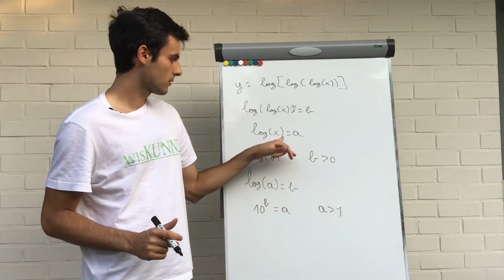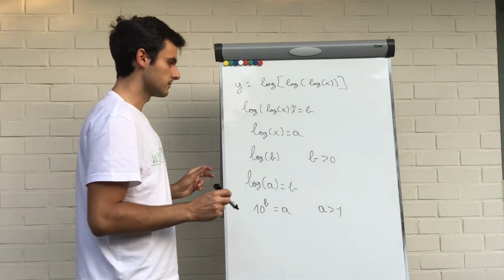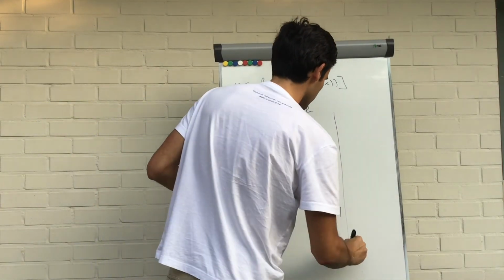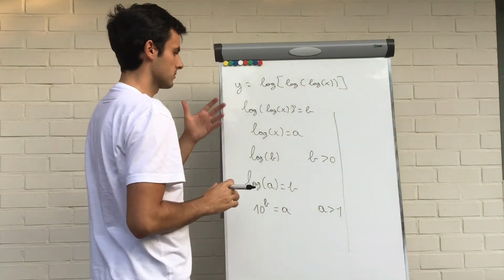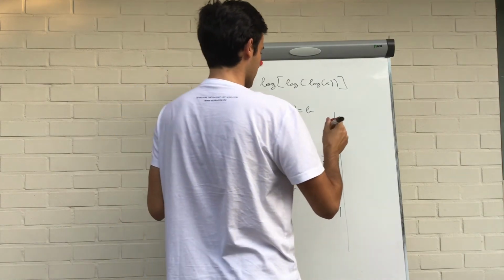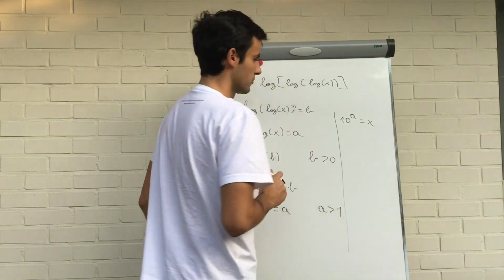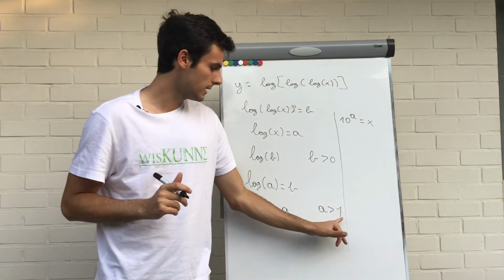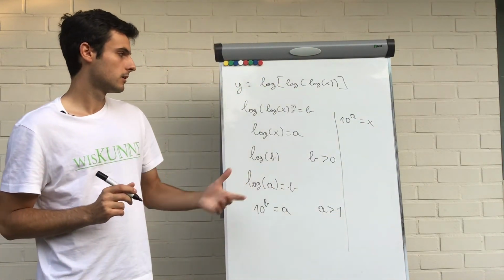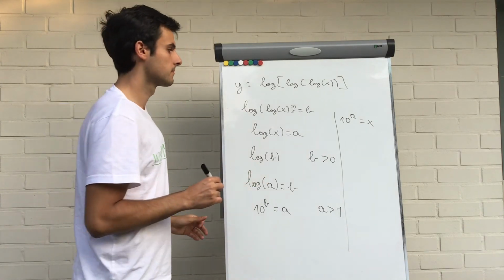Now I know that the logarithm of x is equal to a. So write it here. So we have a nice summary. The logarithm of x is equal to a, so 10 to the power of a is equal to x. Now I know that a is greater than 1. So x is greater than 10.